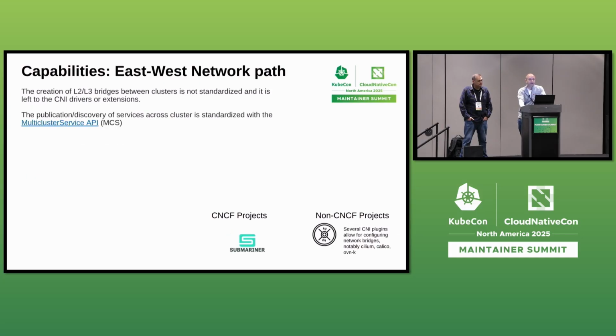Now, the east-west network path. This is a place that has not been very much standardized, I think, in terms of the CNI specification or other standardizations, except for MCS, the multi-cluster API, which is a way to say that a service exists also in another cluster, but it doesn't tell you how the transport is configured, right?